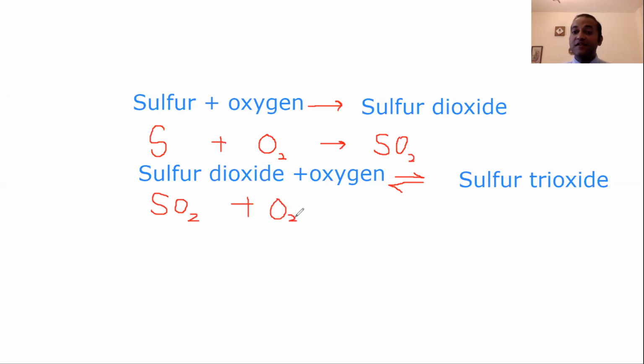So guys, if sulfur dioxide is SO2, sulfur trioxide is going to be SO3. Very good, SO3. So same, reversible reaction, SO3.